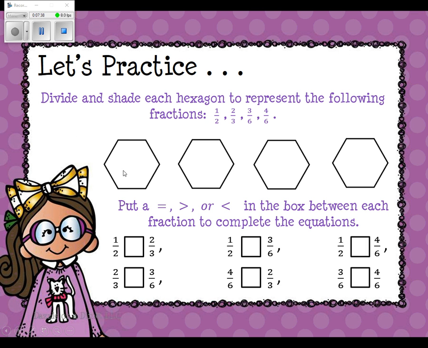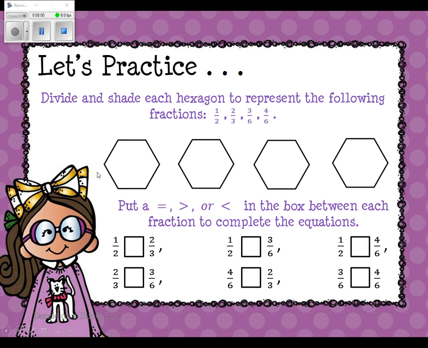So if I were comparing 1/2 and 2/3, I would know that 1/2 is less than 2/3. If I were comparing 2/3 and 3/6, 3/6 and 1/2 are the same, so 2/3 is greater than 3/6.